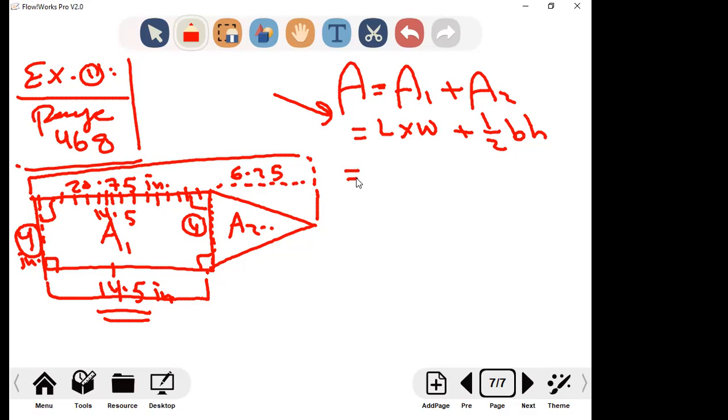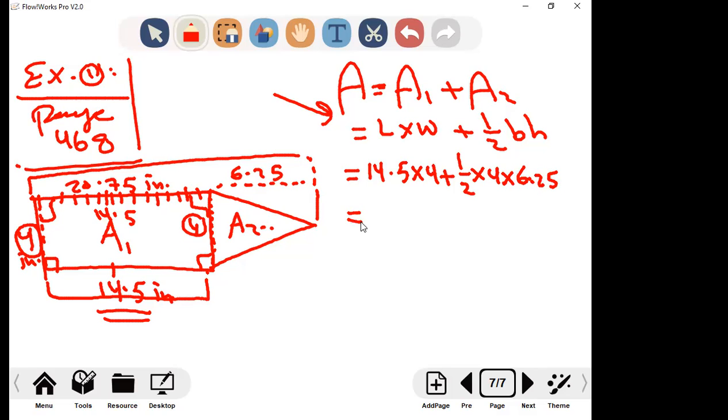So this is equal the length 14.5 multiply the width 4 plus half multiply the base 4 multiply the height, multiply, add, divide.